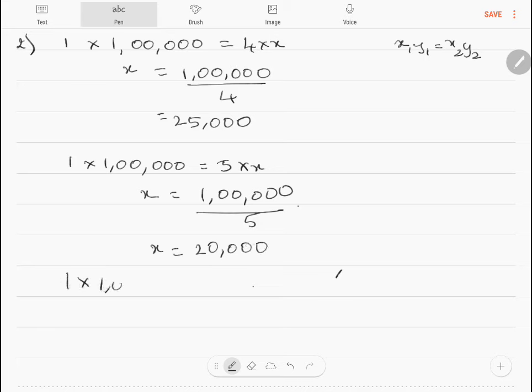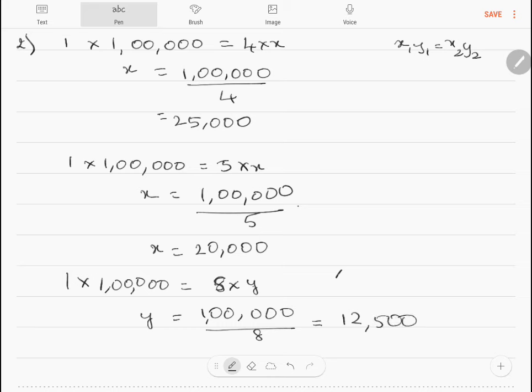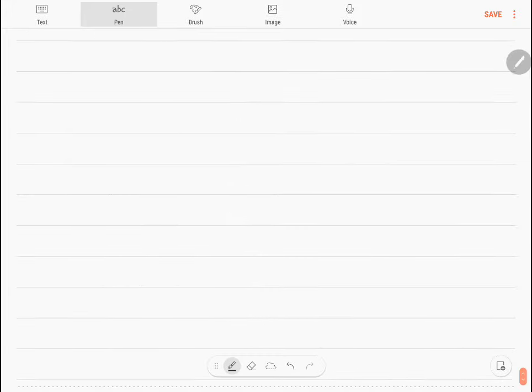1 into 1 lakh equal to, next is 8. 8 into, we'll have it as y. y equal to 1 lakh divided by 8, which comes to 12,500. So these are the corresponding values. Now for the next column, it is the value of 10.